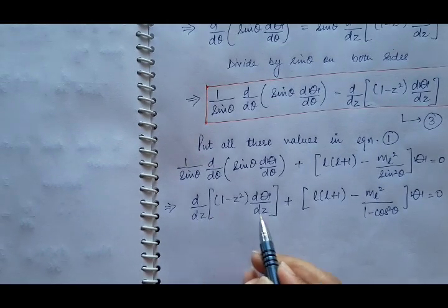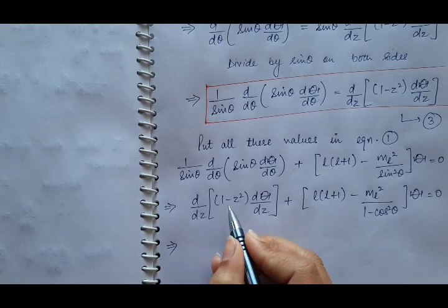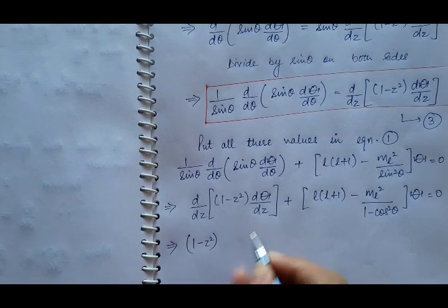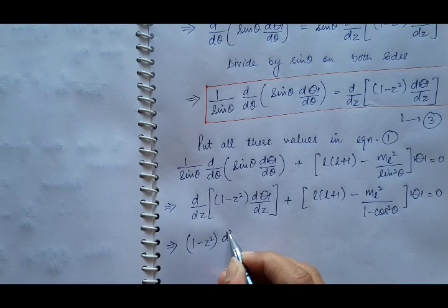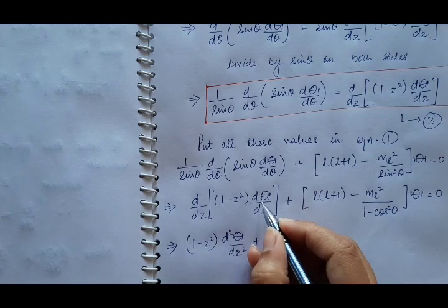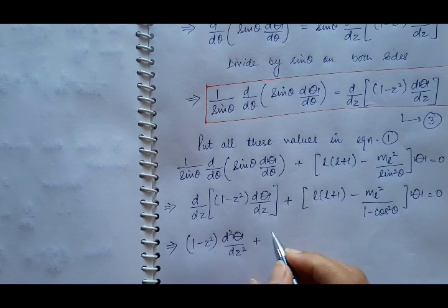And now apply the product rule here. According to the product rule, first suppose this 1 minus z square as constant. The derivative of the other will be d square theta by dz square. Plus, the second time, taking d theta by dz as constant, the derivative of this will be minus 2z.